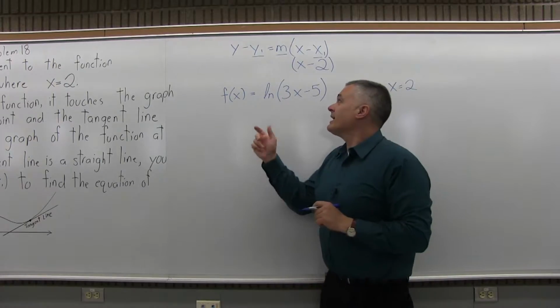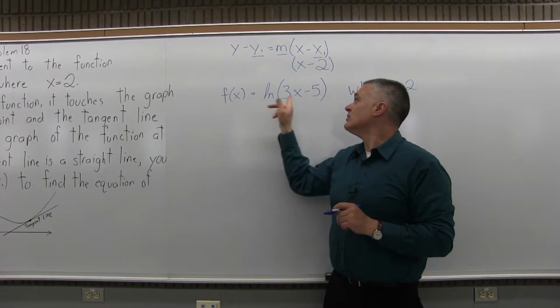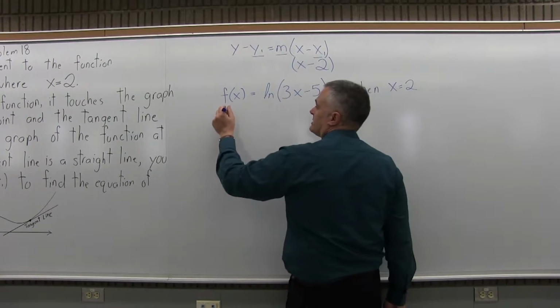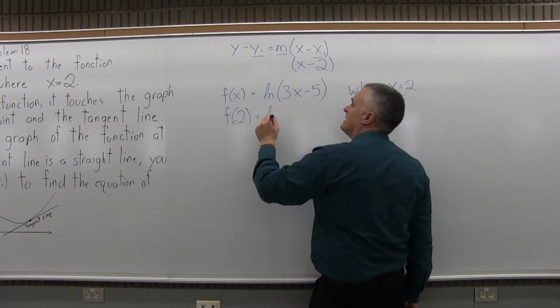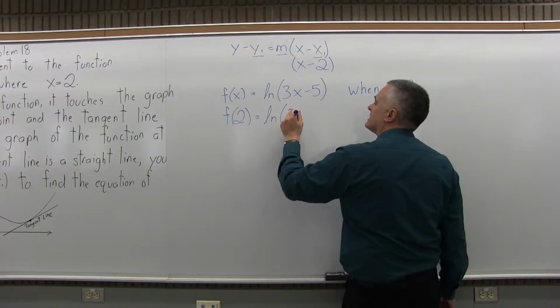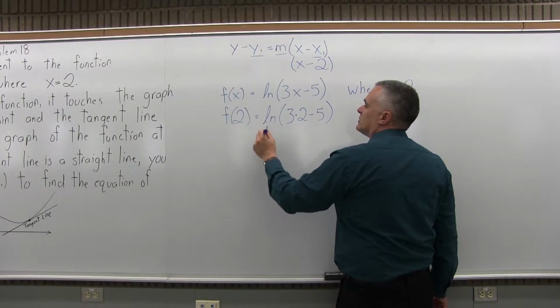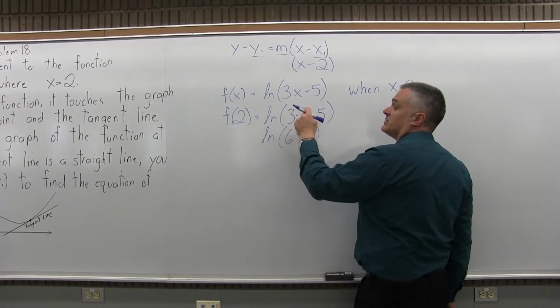So I can find the y1 by putting in a 2 where I have an x and see what comes out. So no f prime yet, just f. f of 2 equals natural log of 3x becomes 3 times 2 minus 5. So that's natural log of 6 minus 5, right? 3 times 2 is 6.